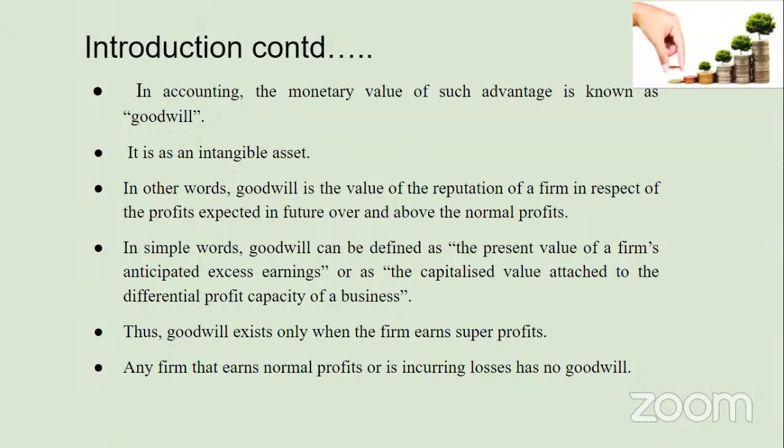For example, if in 2020 ending you made only 10,000 like usual, but your expected profit is 12,000 and your actual profit is 10,000, then there is no goodwill and no super profit. When actual profits are more than the expected profit, then you get a super profit. So when a company earns such super profits, automatically the company will possess goodwill. And when a company gets losses, there is no goodwill.